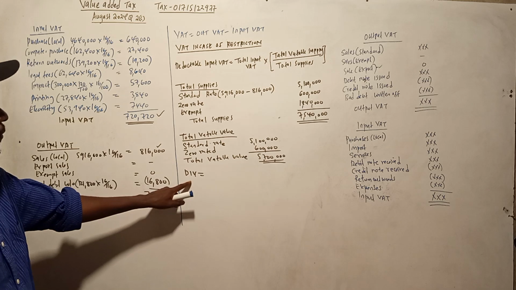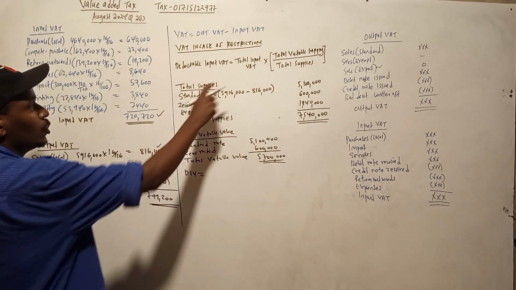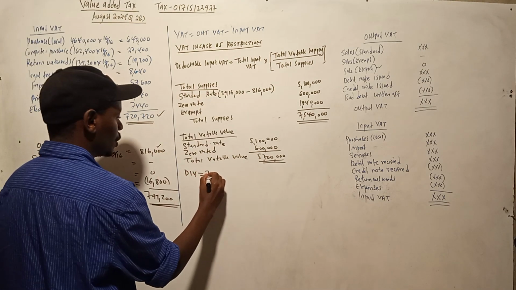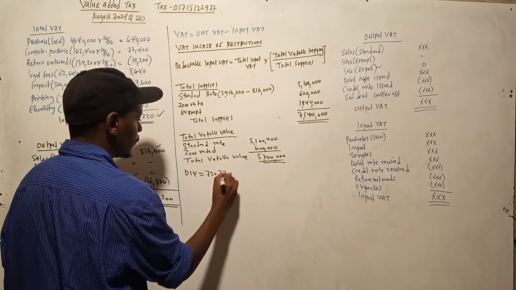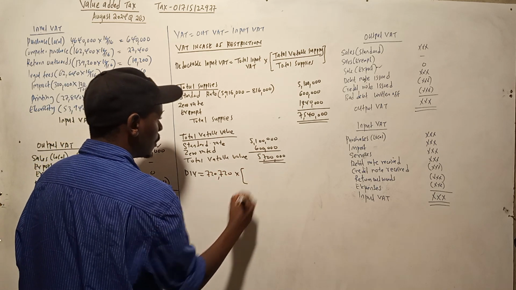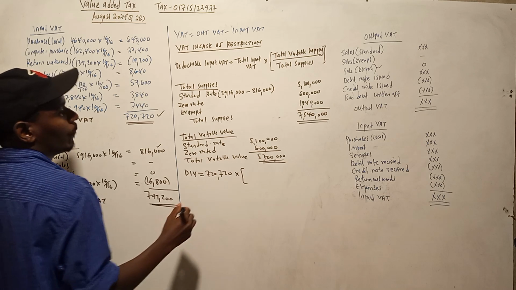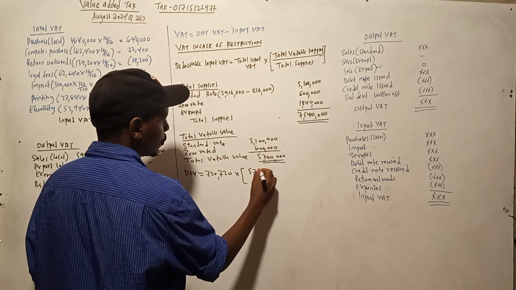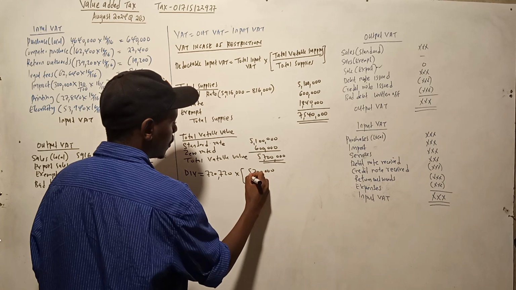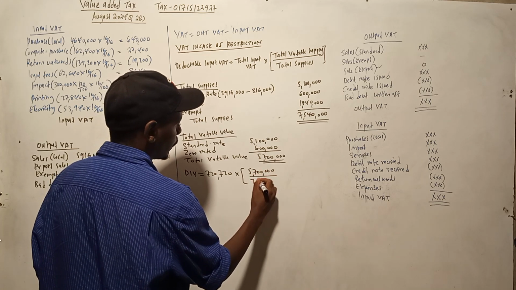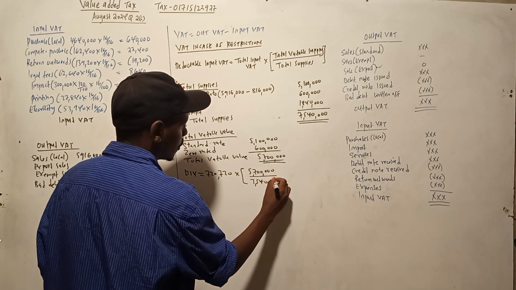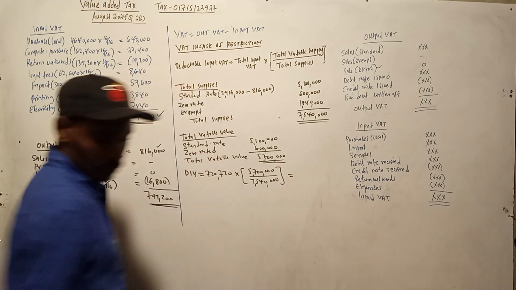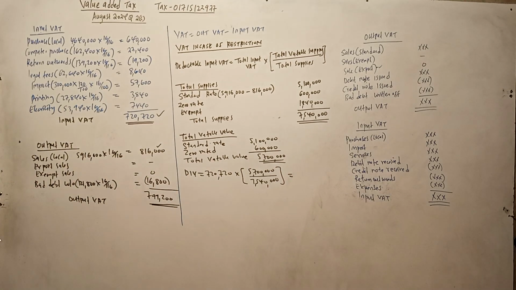So we can get now our deductible input VAT. Deductible input VAT is total input 720 times we take vatable 5700,000 divided by the 7540,000. So once you get that one, you shall get the deductible input VAT.